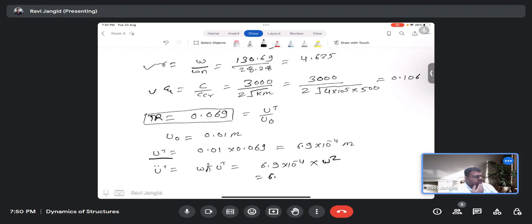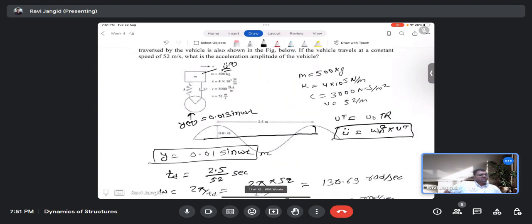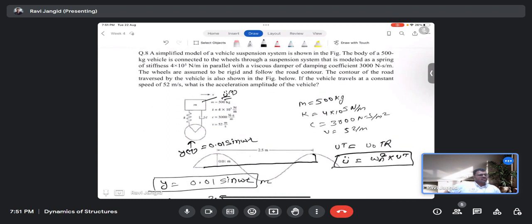So that would be 6.9 into 10 raised to power minus 4 into 130.69 square, that would be 11.73 meter per second square. So that's how you can find the acceleration amplitude of the vehicle.